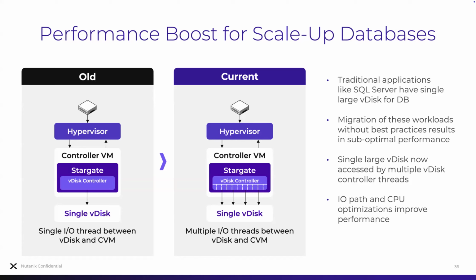In the old way, performance was not that great when you had a single vDisk. So to really make databases go faster, you had to follow that Microsoft best practice. That wasn't something specific to Nutanix. You had to follow that Microsoft best practice to really get amazing performance.